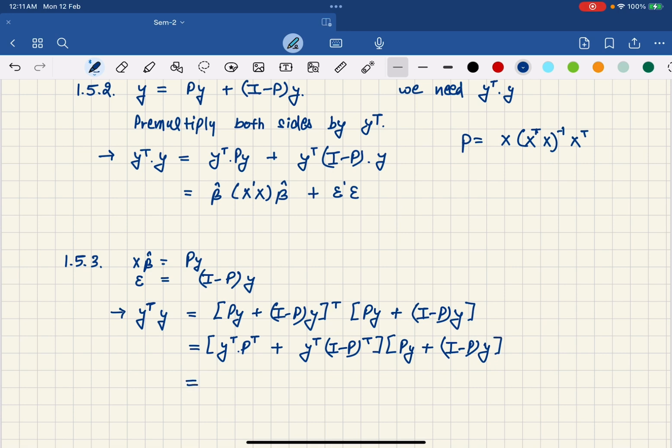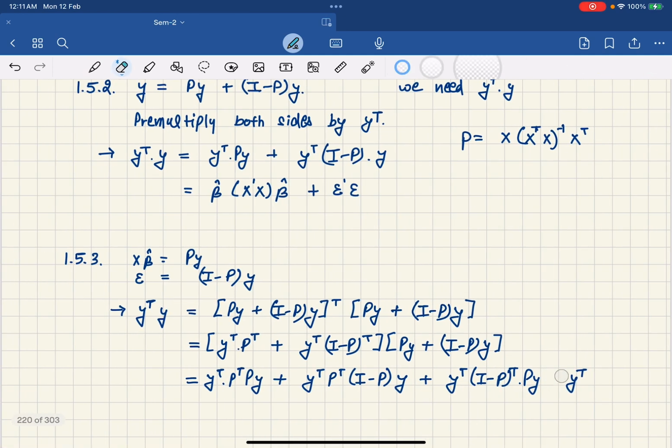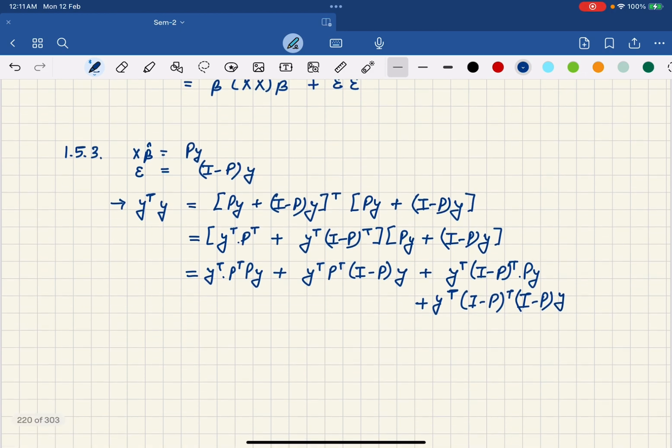And here I am using the rules of matrix multiplication.